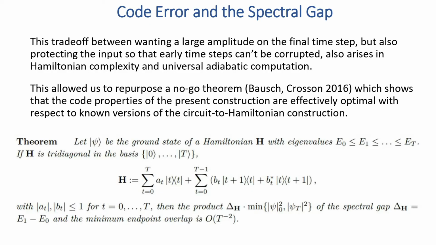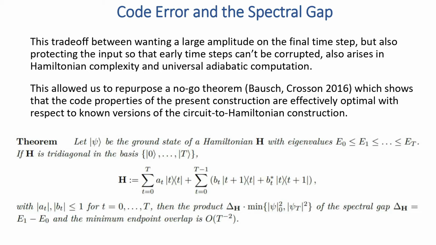So you might be hopeful that you can do even better than this in this framework, but we actually have some work that precedes this that gives a no-go about this. This trade-off between wanting a large amplitude on the final time step and also protecting the input so that we can have a large spectral gap also occurs in all the other contexts where this construction is used, that is Hamiltonian complexity and universal adiabatic computation.